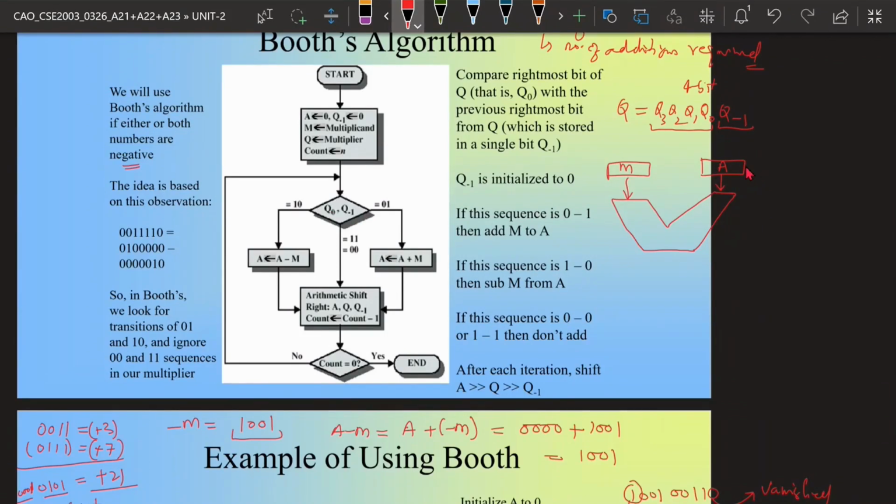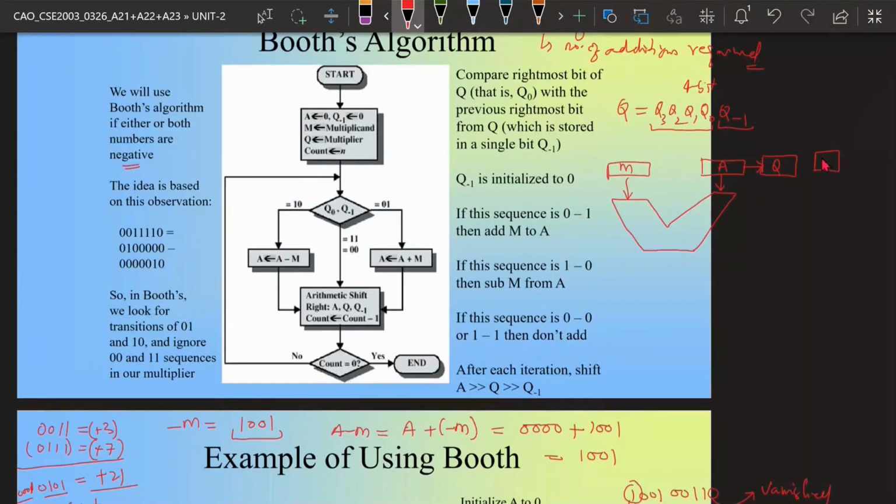And also we were having the right shift. Basically, we were doing the right shift on A, Q and Q minus 1. So while shifting, we were doing it like that. We should be checking this shift operation.